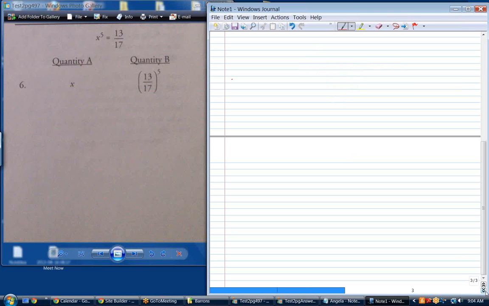Okay, in this case, quantity B is going to be larger. Okay, what is x equal to? If you solve for x, what do you get?